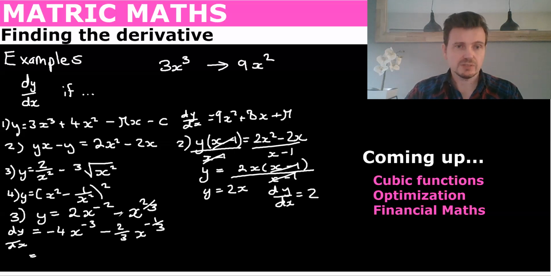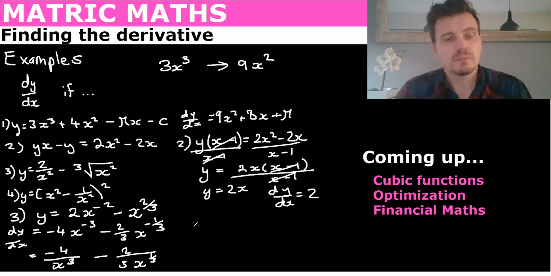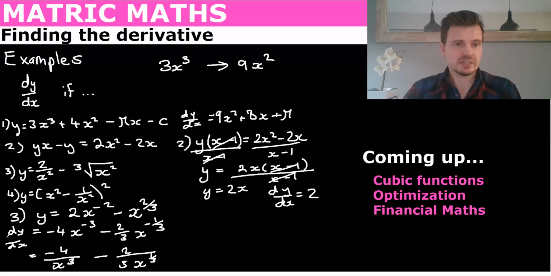Now I just need to get rid of negative exponents. So I say negative 4 over x goes to the bottom, becomes positive 3. 2 over 3, x to the minus 1/3 goes to the bottom and becomes plus 1/3. I could also put that as root 3, but I'm going to leave it like that. So that is the answer.